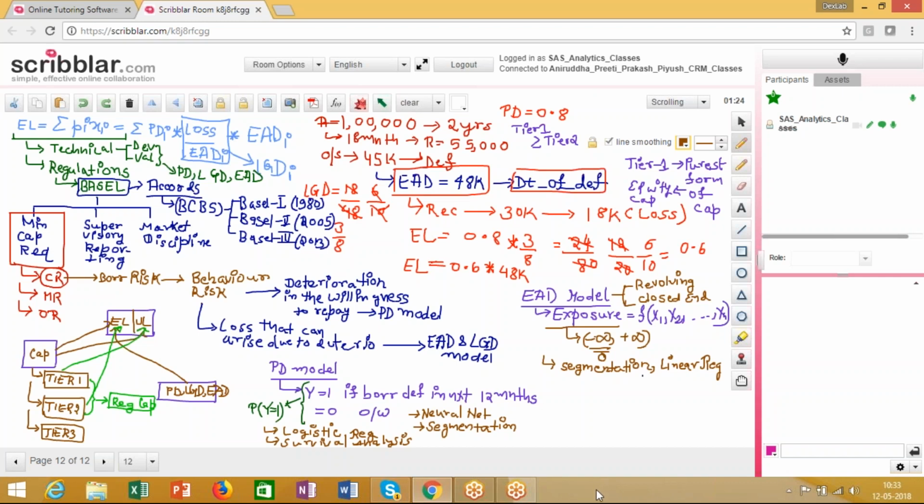Now the third set of models that we talk about is the LGD model, or the loss given default model. Once you have developed your EAD model, the next set of models that we develop is the loss given default model.